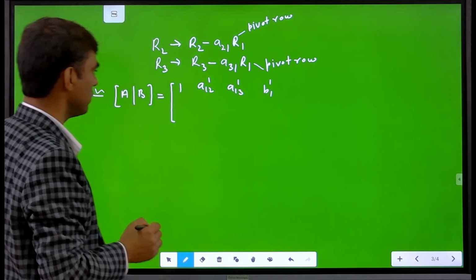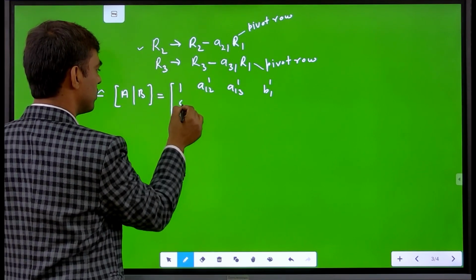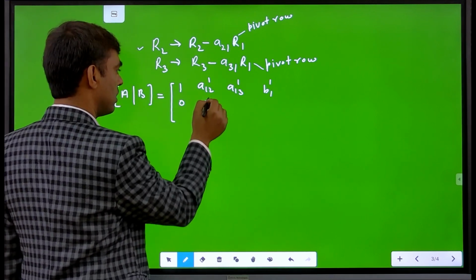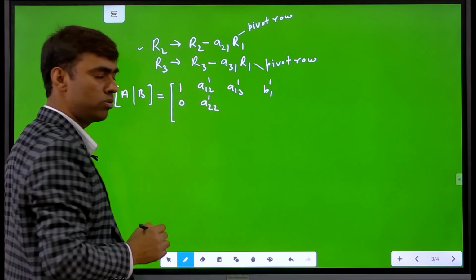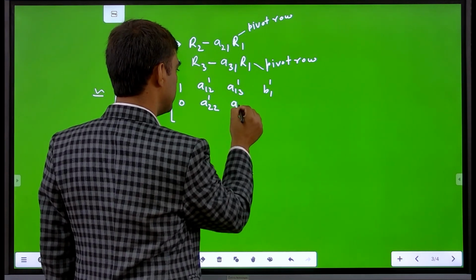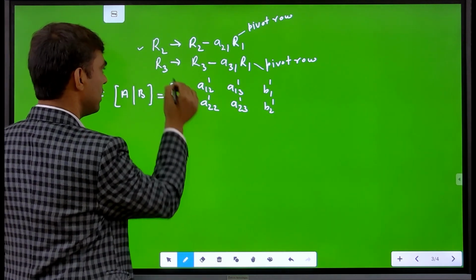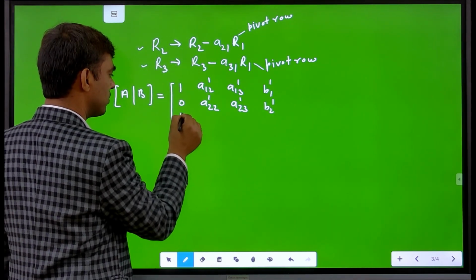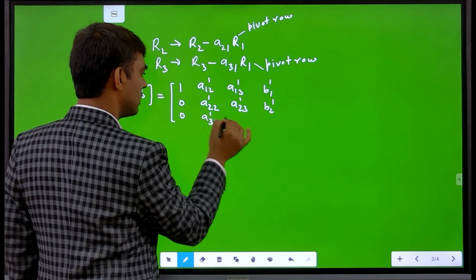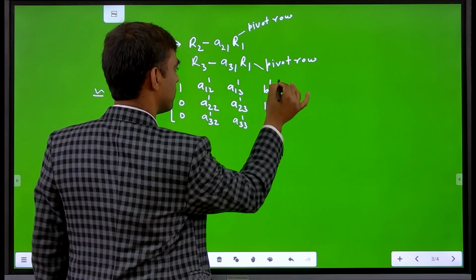After performing this row operation, this becomes 0 and this becomes A22 dash, meaning there is a change in our original value of A22 one time. This is A23 dash and this is B2 dash, and similarly, if we perform this row operation, this becomes 0 and this becomes A32 dash, A33 dash and B3 dash.